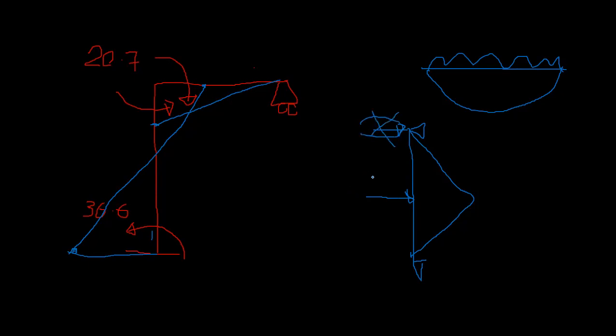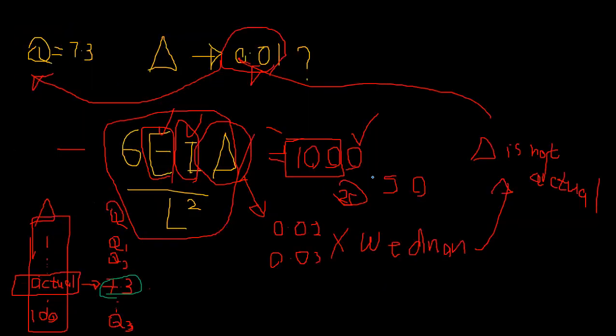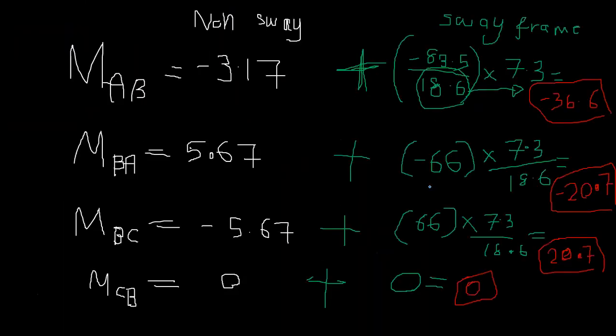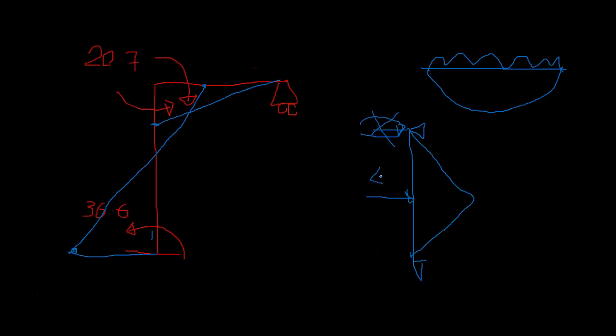So this is how much? 4 and 2 kilonewtons per meter squared. So this is going to be PL over 4. So that's going to be 4 into 8 over 4. And this is WL squared over 8.